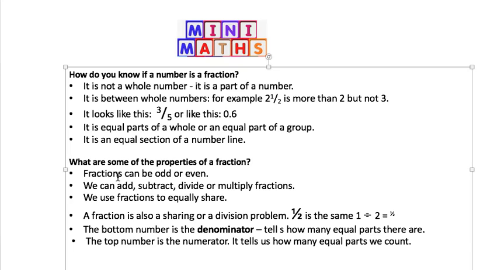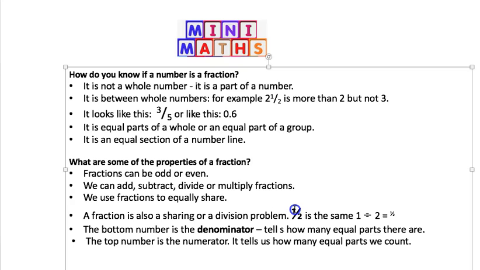Sometimes the results can be a little bit strange, but a fraction can be odd or it can be even. So you can have sevenths and you can have 11ths, and they're all good fractions as long as they're equal parts. When you have a fraction, you can add, subtract, divide or multiply, and fractions are very useful for sharing equally.